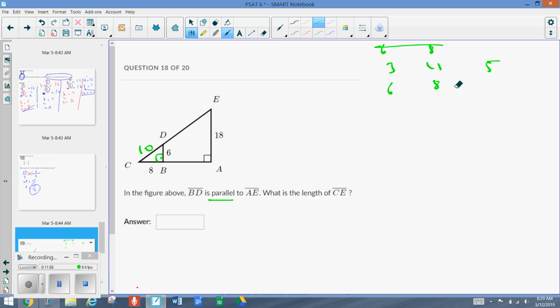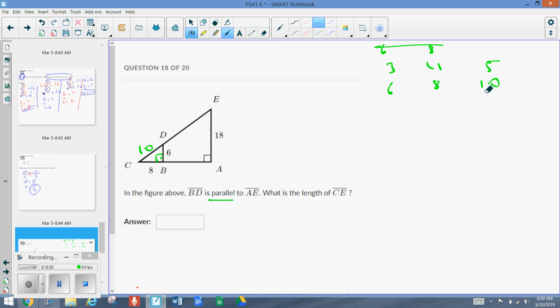Keep that in mind: 3, 4, 5. Magical special triangle triple. Very simple, not that hard to memorize. So it's 3, 4, 5 multiplied by 2, everything: 6, 8, and 10. I got that one.